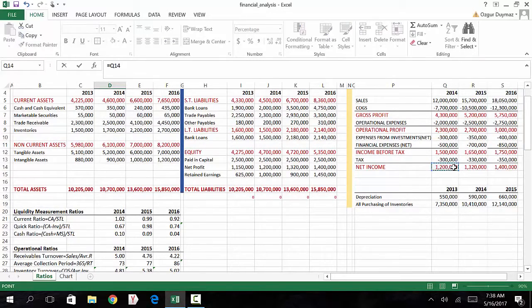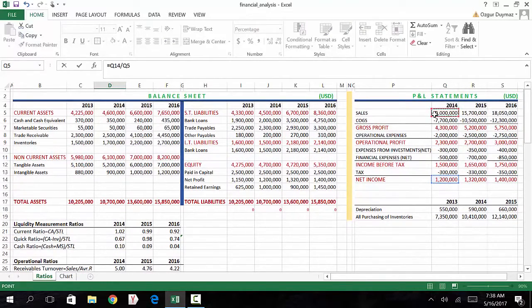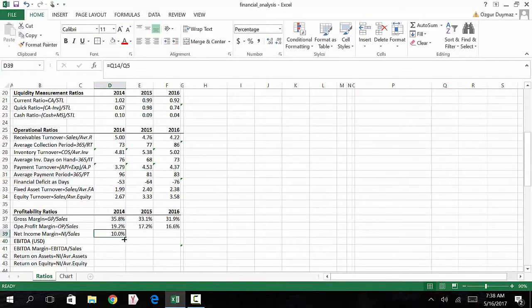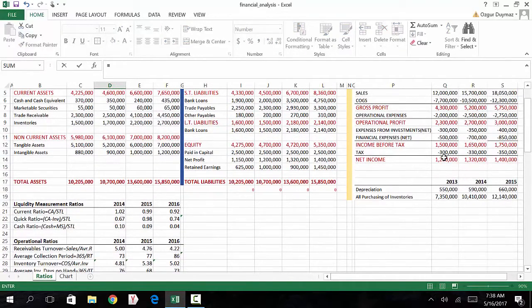Net income divided by sales. Yes, it's dramatically decreasing. And EBITDA means earnings before interest, tax, depreciation, and amortization. Or I can say earnings before tax, interest, or finance expense, and depreciation.